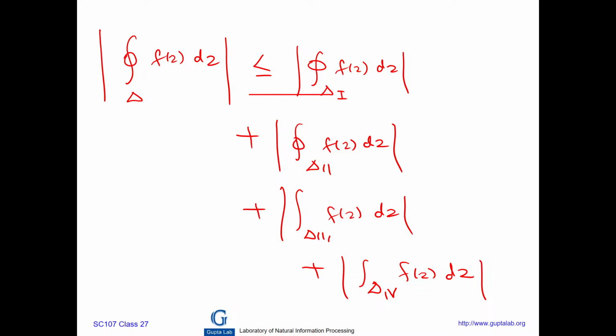Now out of these 4 triangles it may happen किसी की value maximum होगी, right. Out of these 4 values something will be maximum. So that means I can say that suppose delta 1 वाला maximum है, so delta 2 mod will be less than equal to delta 1 mod.